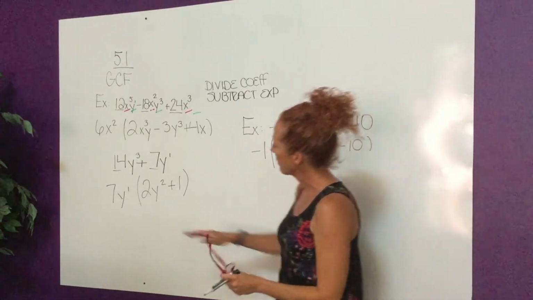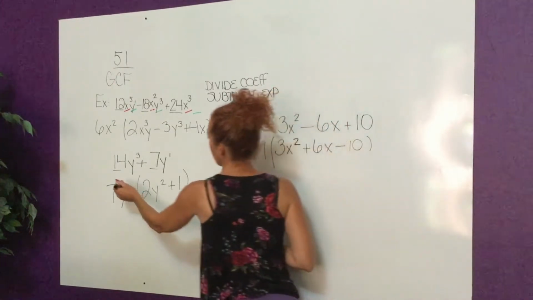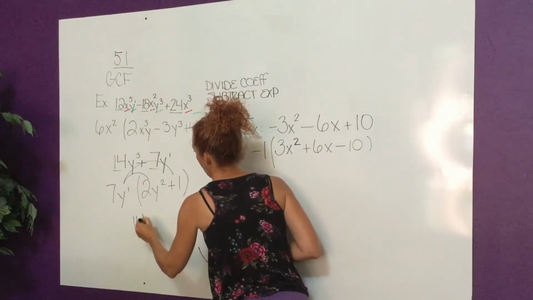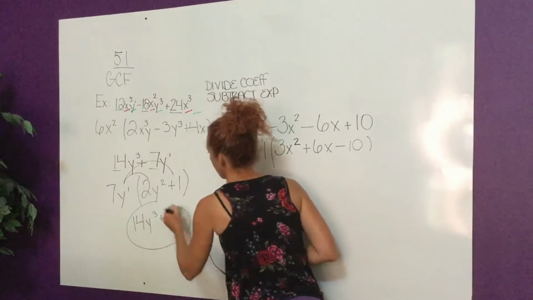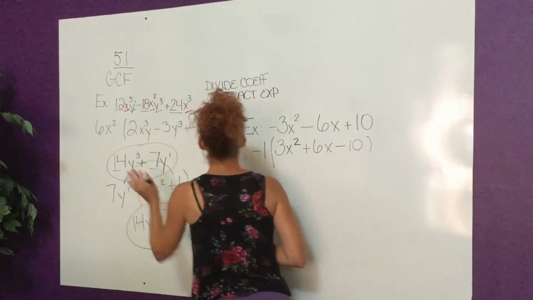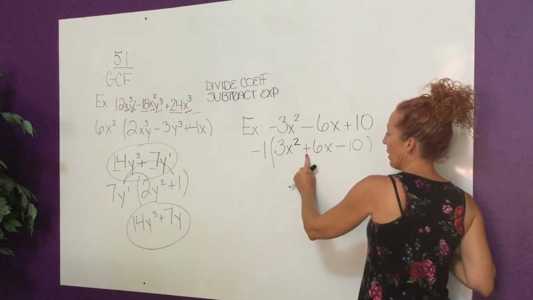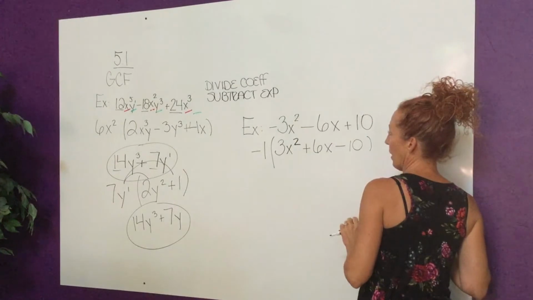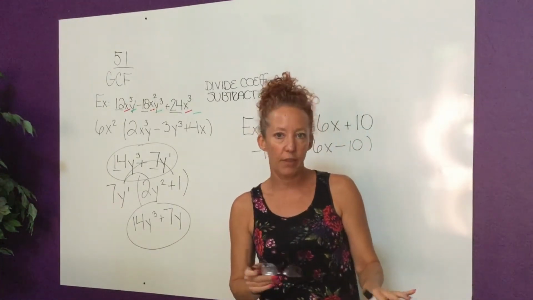So for instance, if I took this problem right here that we just looked at, and I multiplied this through, I would end up with exactly my original question. So if I multiplied this negative here by this positive 6 here, it would end up being a negative 6 over again.